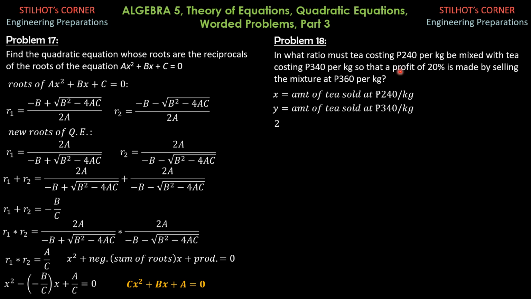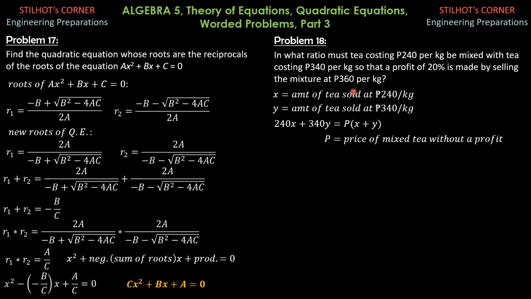So 240 times x plus 340 times y is equal to the price of mixed tea without a profit, then times x plus y, where p is the price of mixed tea without a profit.